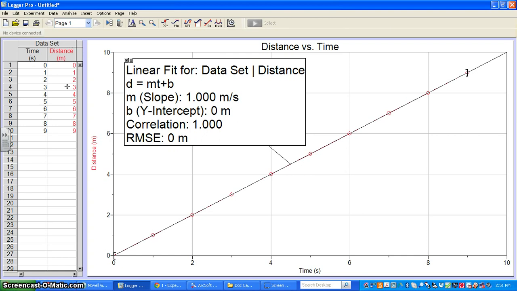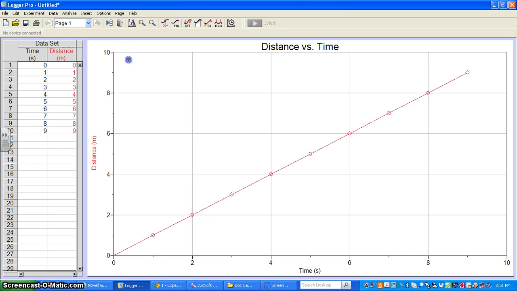We won't ever have something that perfect unless, of course, you're fudging your data, which I don't recommend. But that's basically the idea here: once we get a linear line, we want to actually write an equation for it in y equals mx plus b form. If it's already linear, fine, then it's perfect.